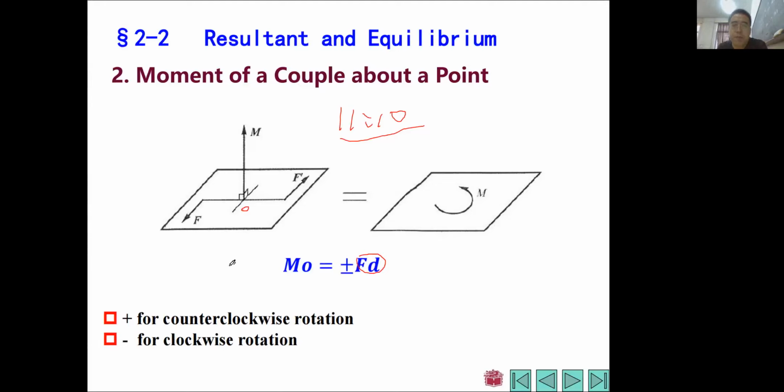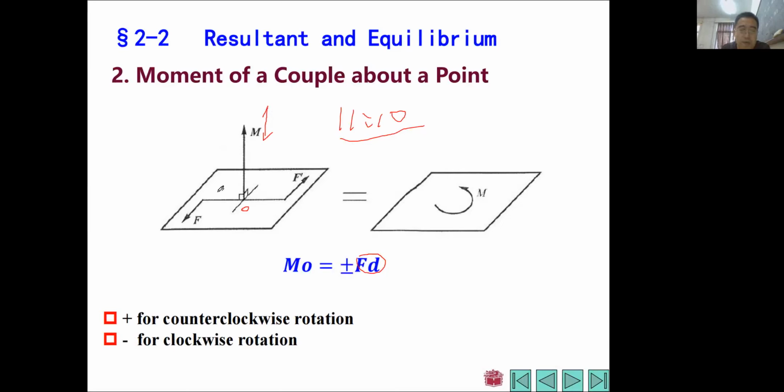So please, you guys, there are two methods for us to figure out the direction of the moment. So one is, please pay attention to my description. You can think of your eye looking down onto the plane of the couple. See?